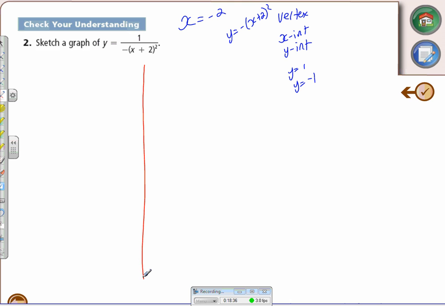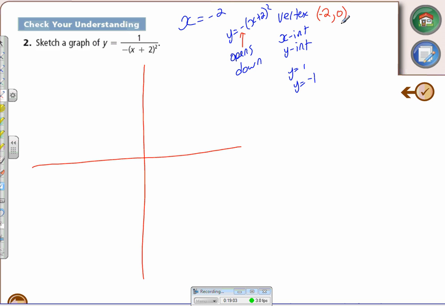Let's get the original one graphing in here. We know that it's opening down because of that negative right here. We also know that the vertex is going to be at -2, 0.